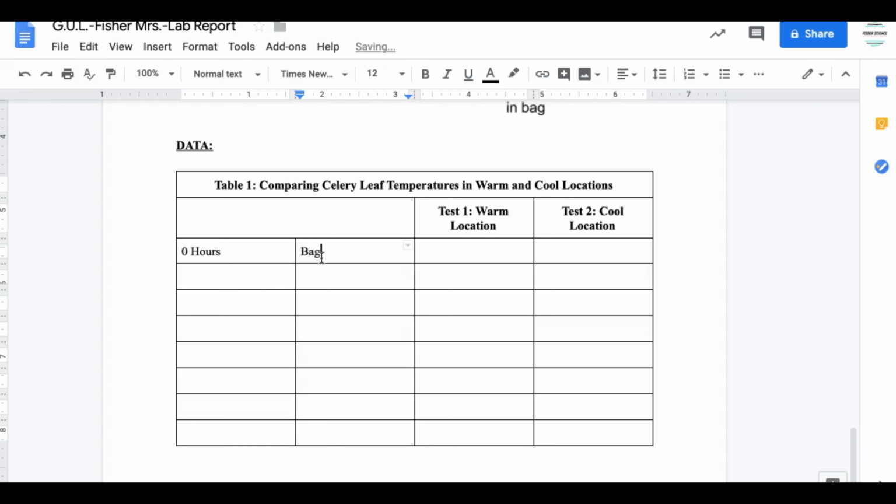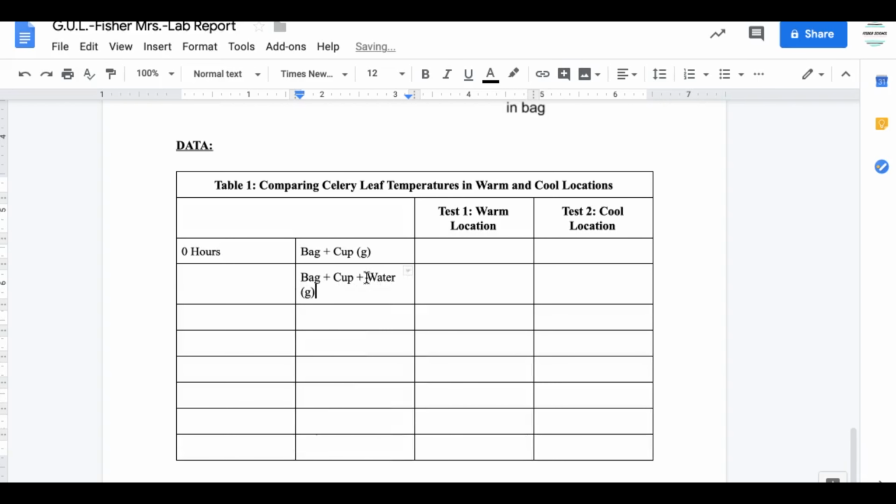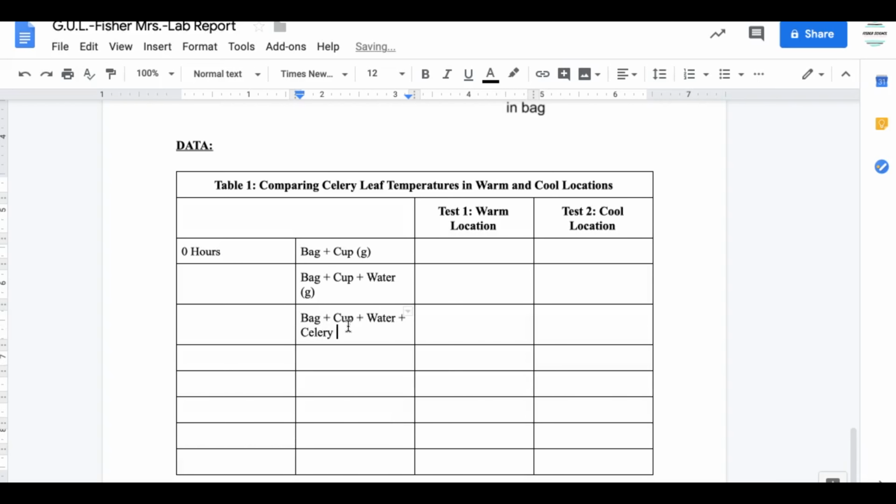So the first thing we did was the bag plus the cup, and we measured everything in grams, so lowercase g. Then I measured the bag plus the cup plus the water in grams. Then I measured the bag plus the cup plus the water plus the celery, all in grams.